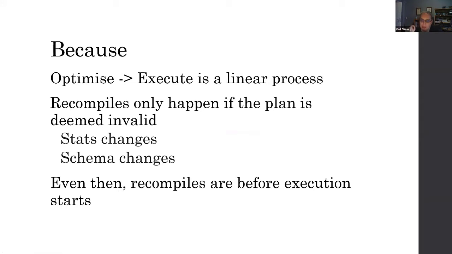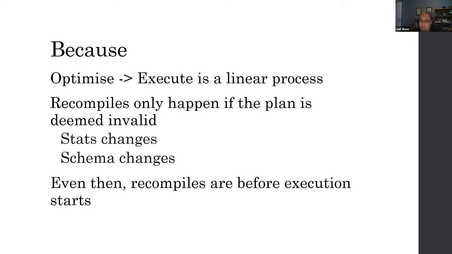There was something called a recompile, but this only happened in two cases. It happened if the statistics used in the generation of the plan changed after the plan was generated but before it executed, or if the schema had changed after the plan was created but before it was executed. Those were the only two times where the plan would be thrown out as invalid and regenerated.